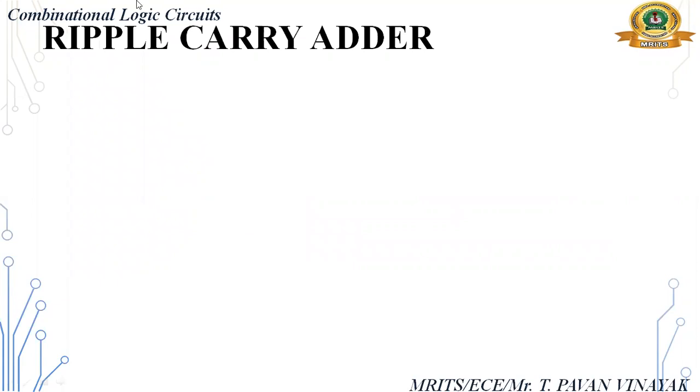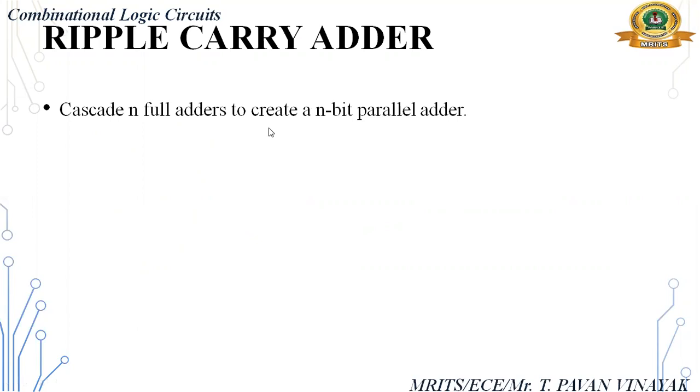Next is the ripple carry adder. I already explained this one. It is a parallel adder, cascading full adders. See, observe one thing. Once again, if I am taking 1 0 1 1, 1 plus 1 means 0 here, 1. Here I am taking 3-bit addition, right?